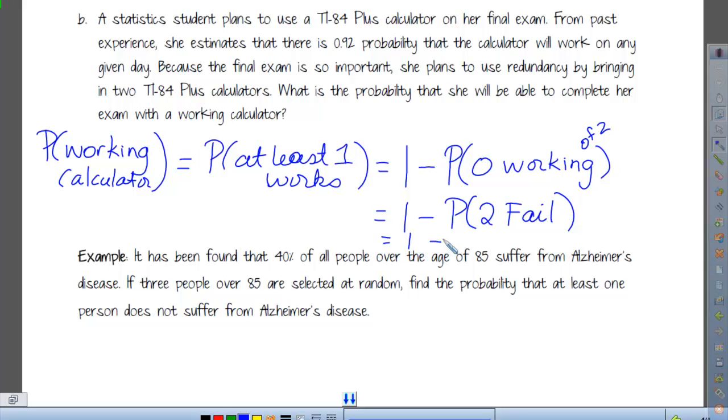So it's the probability that the first one fails, which is what? 0.08. There's a 0.92 probability that it works, so the probability of it not working is 0.08, and we're going to do what? Raise it to the second power. Or 1 minus that, that's okay.